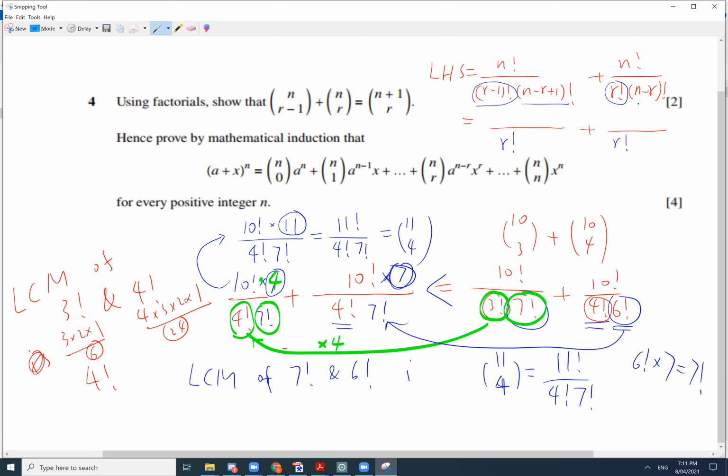For these two, Charlotte, what's the common multiple? Very good. Factorial. Now, what do you need to times for the numerator? This part is very hard, calculating using factorial.